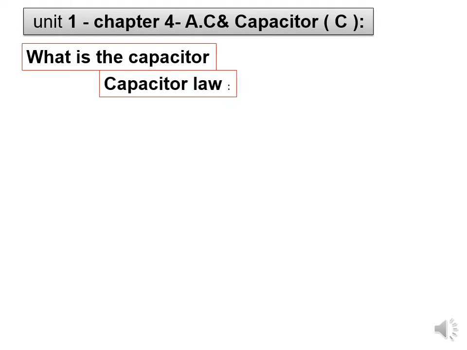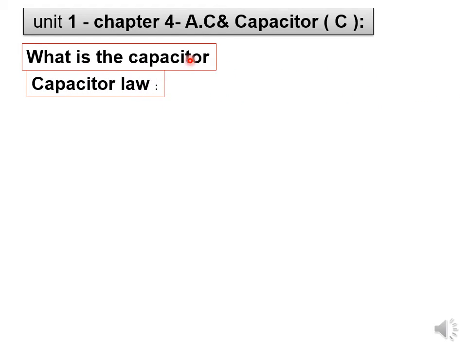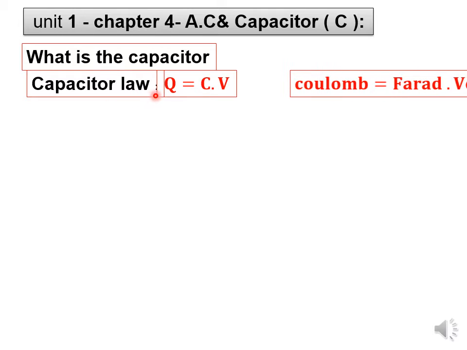Capacitor law. Q, which is the amount of charges between the plates of the capacitor, equals C, which is the capacity of the capacitor, multiplied by V, which is the potential difference between the ends of the capacitor.